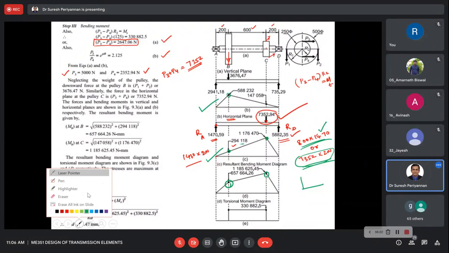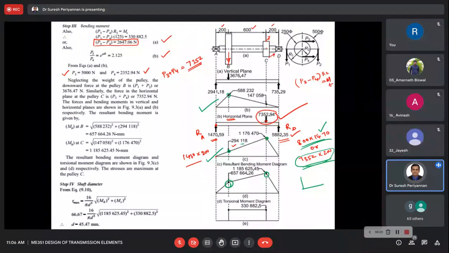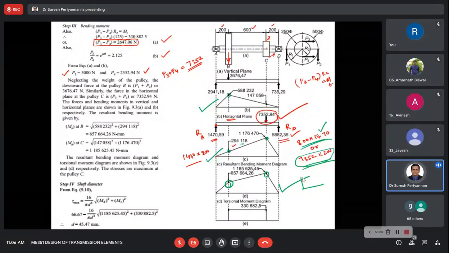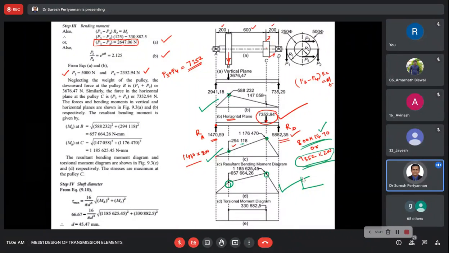Now see here, this is the important diagram, the resultant bending moment diagram. In this diagram, again we have to see at which location the bending moment is maximum. Either location doesn't matter; the maximum resultant bending moment we should consider for our design of the shaft.